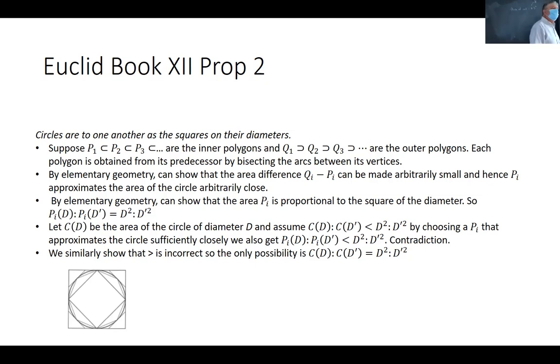And by the same argument, you can do it for greater than. And so since you've eliminated less than and greater than, the only possibility is equality. And so you get the result there. So that's a typical Greek use of finding a limit. You don't find the limit, you use finite sequences to eliminate less than or greater than, so the only thing left is that you have to have that limit.